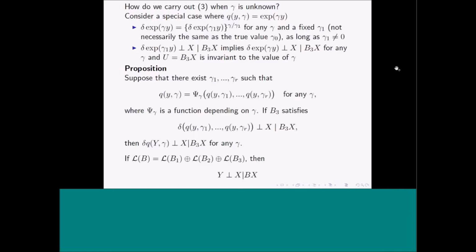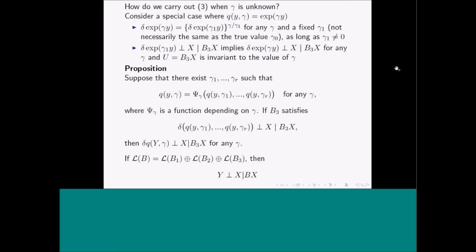So if my parametric function can be written in this way, where psi sub gamma is just an arbitrary function that could depend on the parameter gamma, and B3 satisfies that, given B3 times x, delta times this base function are independent of x, then I'm done.